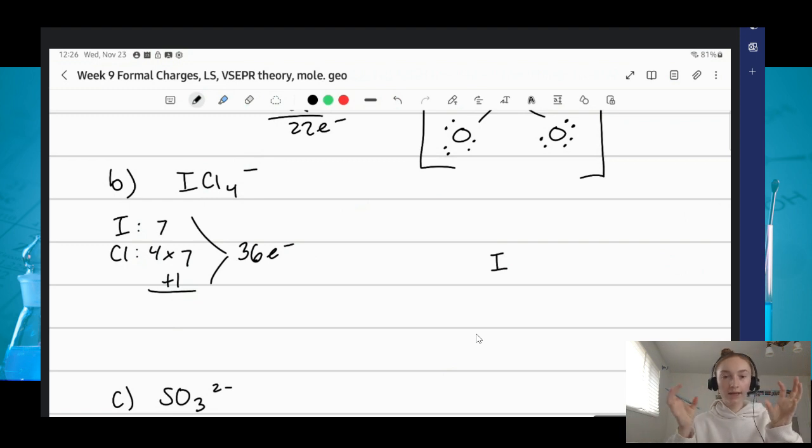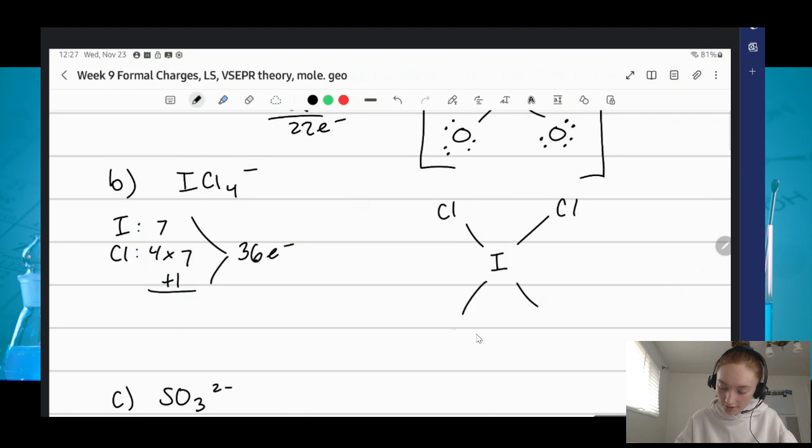That's really helpful if it doesn't all go to one thing. If it's in a row and you don't know which one will bond to what, that's what that's good for when writing down each of the atoms' Lewis structure. But for this, since we know, we don't necessarily need to do that.